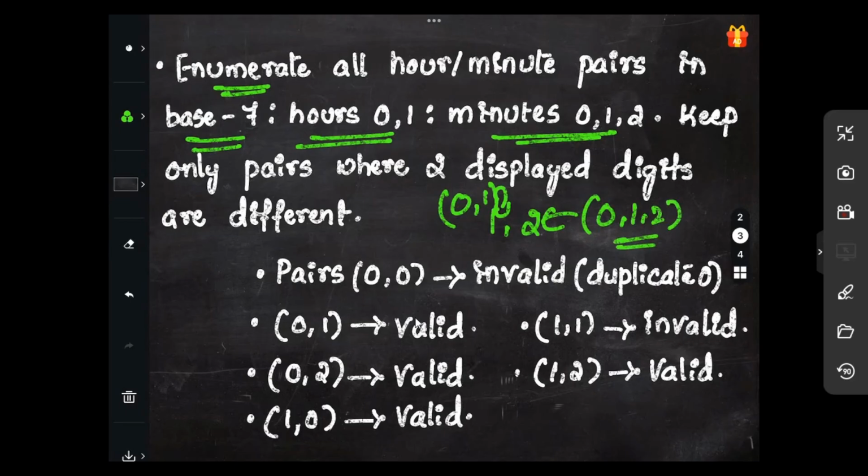We will keep only pairs where the two displayed digits are different. So the only pairs, according to the question criteria, that we will keep are where the two displayed digits are different, right?